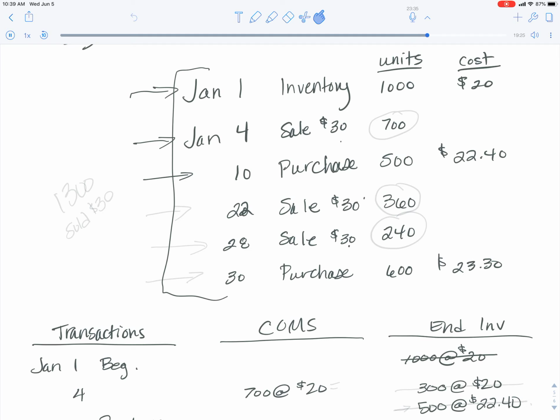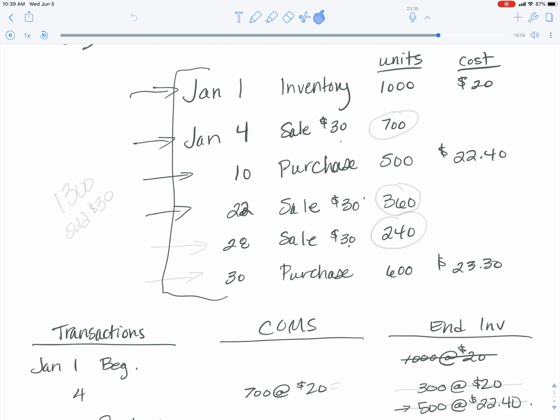Okay, and then on the 22nd, we sell 360. Since we're using last in, first out, we can pull all of those off of one shelf because we're going to pull them from the last shelf first. So all 360 can come off of one shelf, and we're going to pull them at the higher cost, last in, and they're all at $22.40.